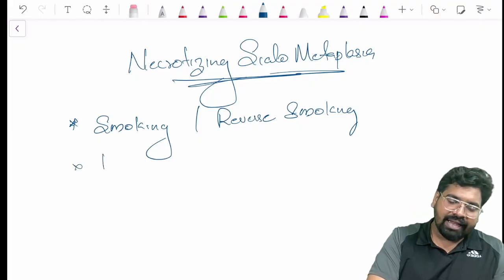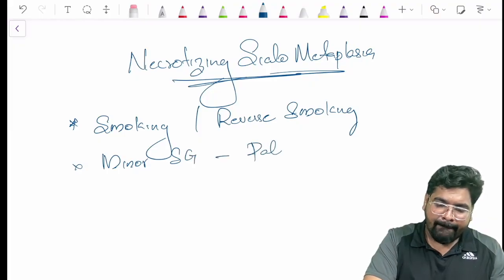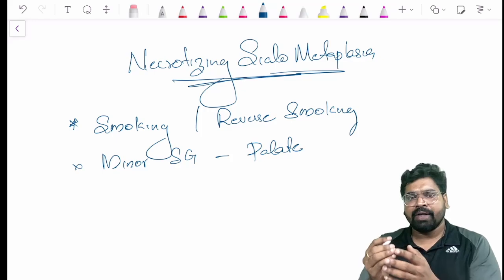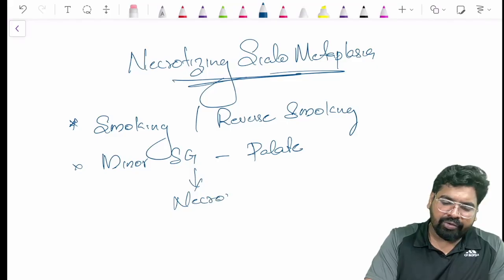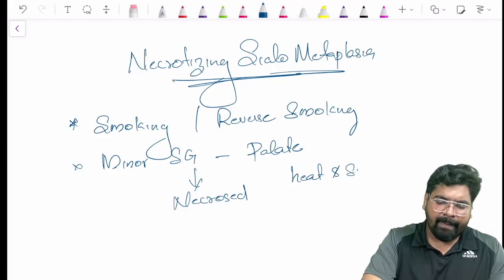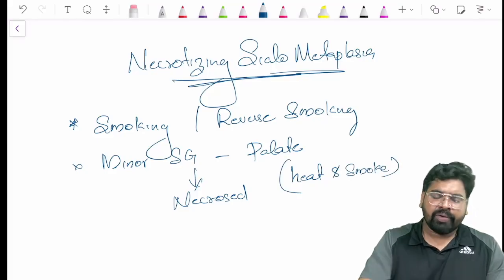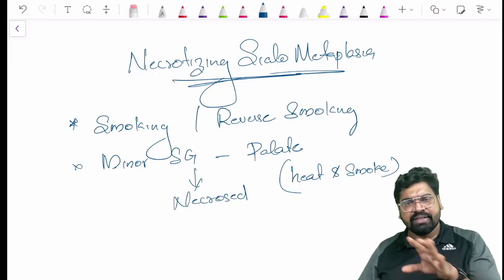The minor salivary glands in the palate get necrosed. That's why the term necrotizing.